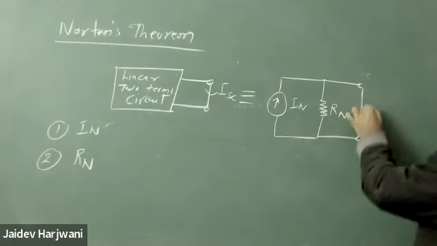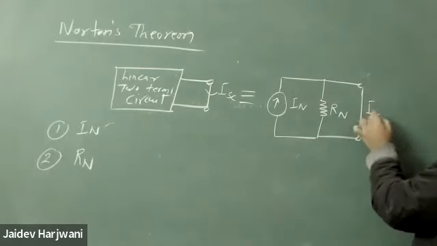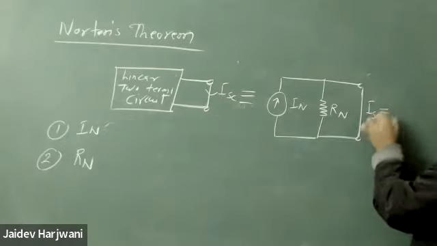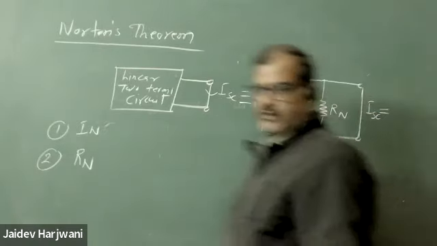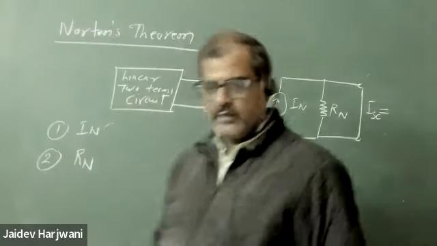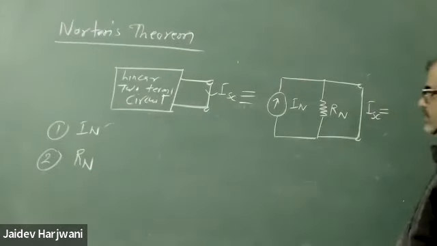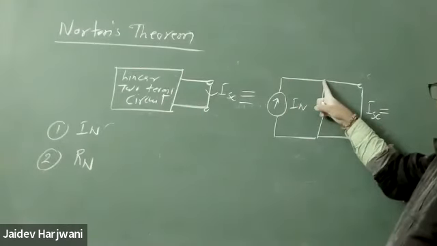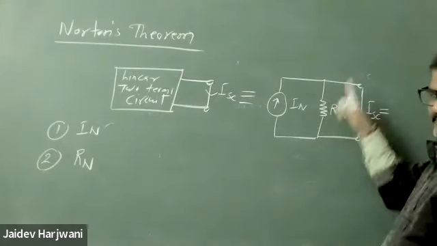In this case, this short circuit current should be equal to this one. Now what is the value of this one? So IN current is coming here. It will divide, but this is a short circuit.